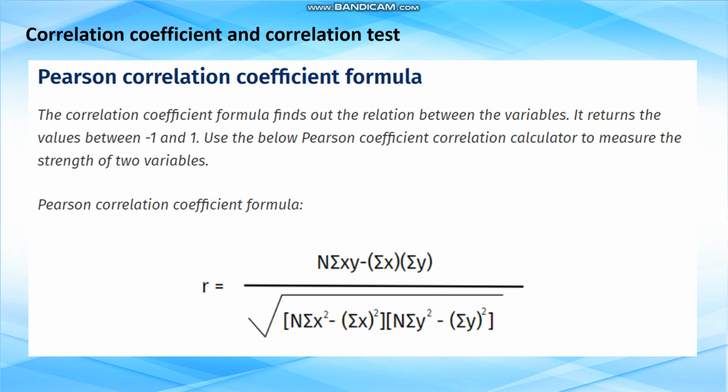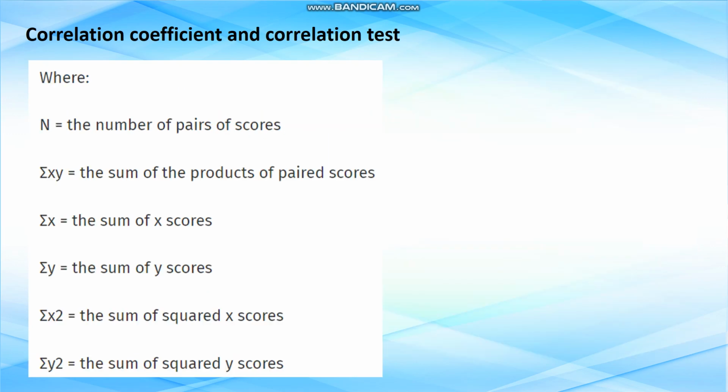So this is the correlation coefficient formula. The most important thing is that the formula finds out the relation between the variables. It returns values between -1 and 1, just -1 and 1, and we measure the strength of the two variables.